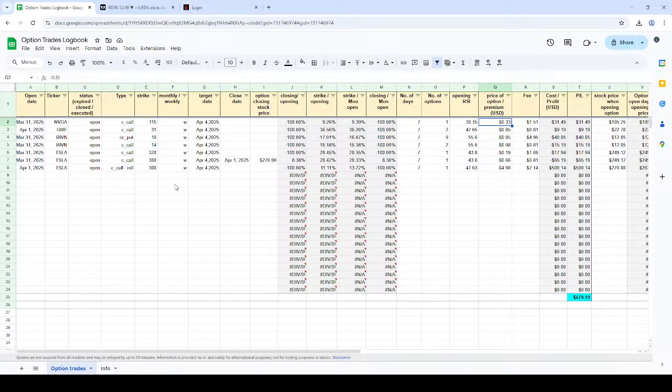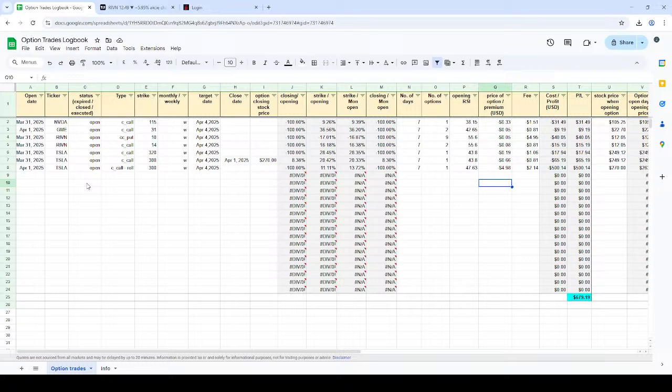If I was buying options, it would cost me money, and it would be positive here. But I'm focused mostly on selling options. I'm selling calls and puts, and I'm getting premium.